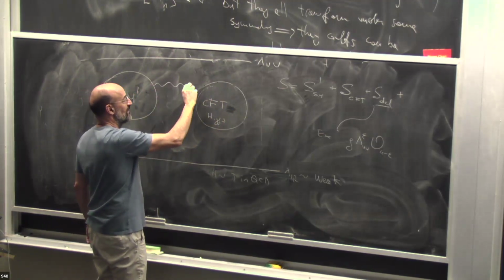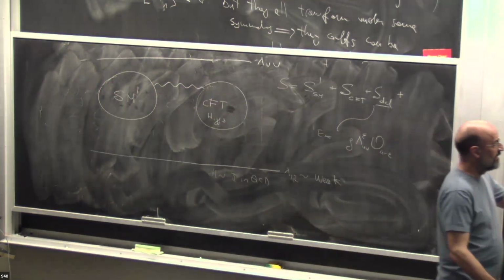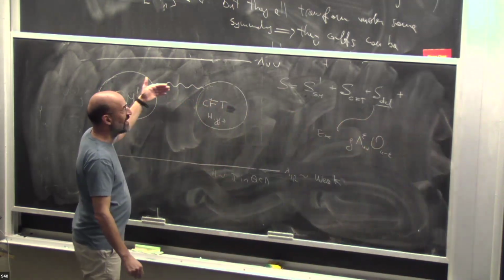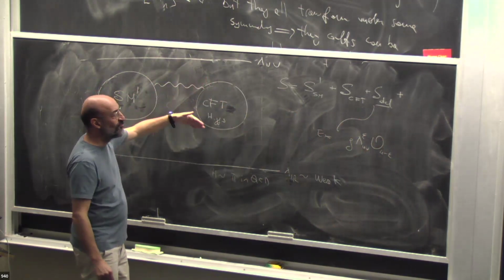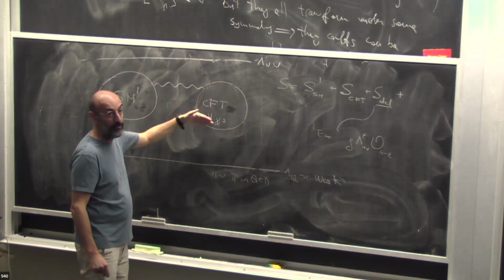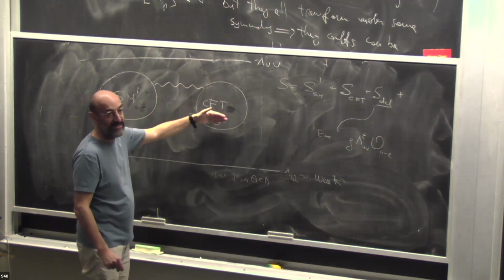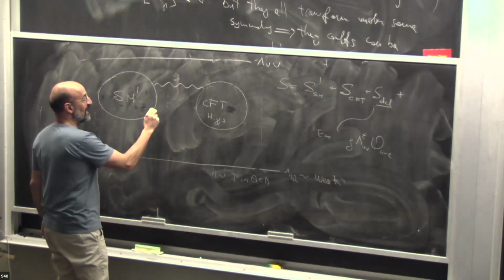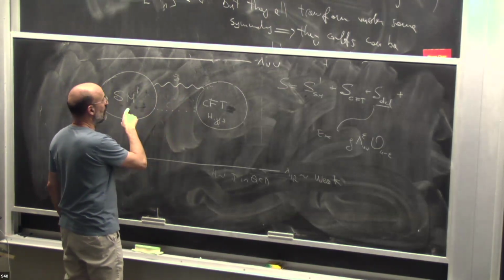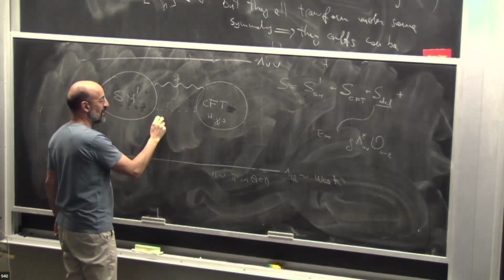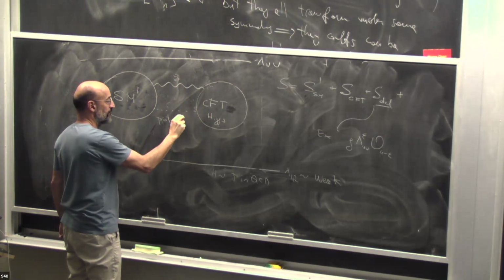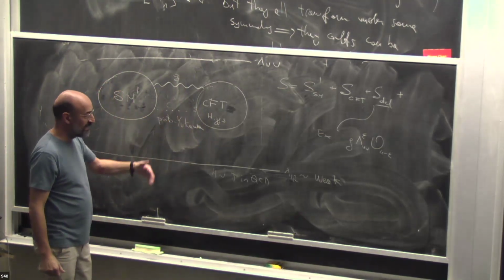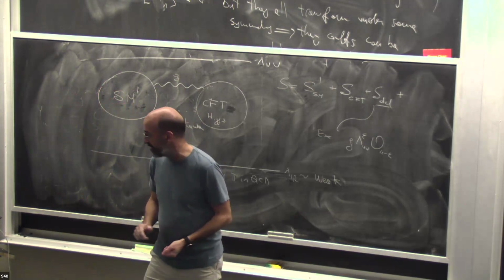Very much like in Technicolor, where there were degrees of freedom with SU2 charge, here there should be some weak gauging of an SU2 cross U1 subgroup of whatever global symmetry G this system can have. And there should also be interactions between the fermions and the sector to generate the Yukawa. This is what I would call proto-Yukawa. And the nature of this mixing is precisely what I would like to discuss in a moment.